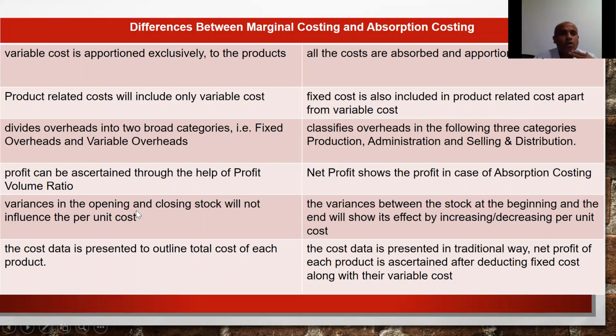Okay, if there is a difference in the opening and closing stock, will this influence the per unit cost under marginal costing? The answer is no. But if there is a difference in the opening and closing stock, this will affect the per unit cost under absorption costing, right? These are some differences we should keep in mind.